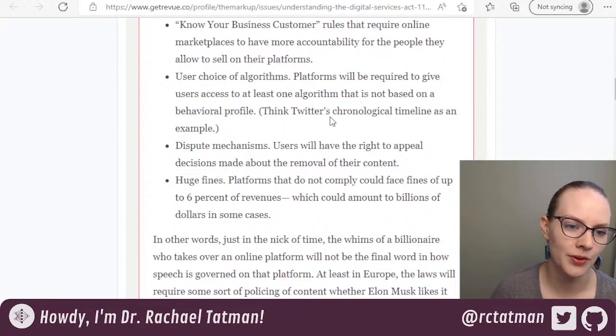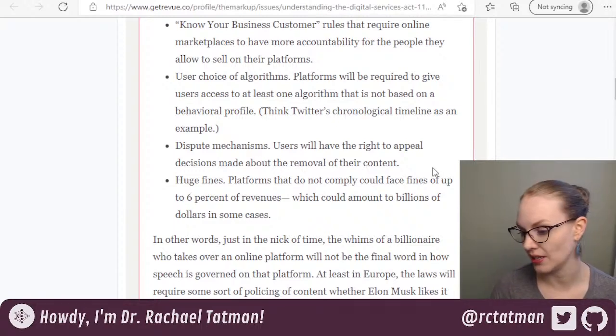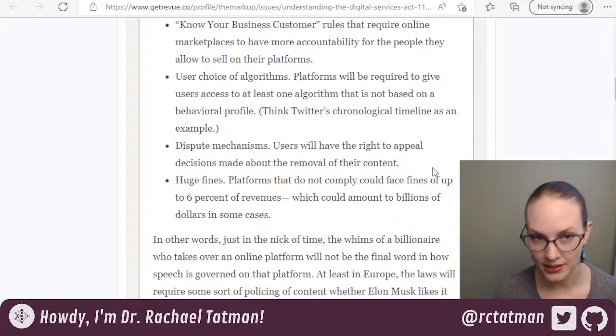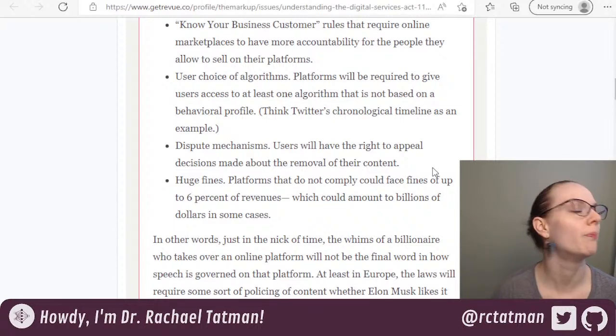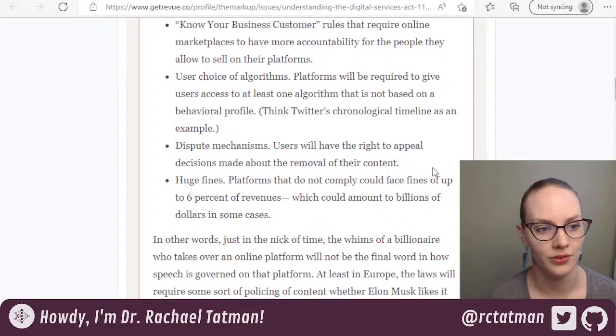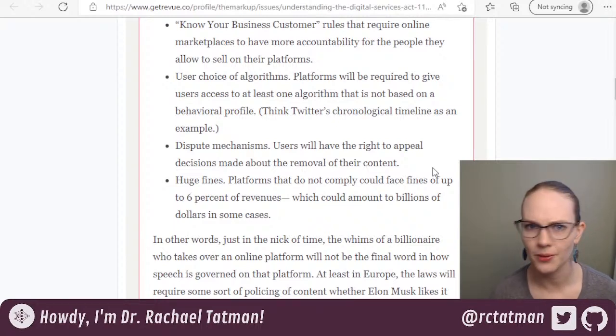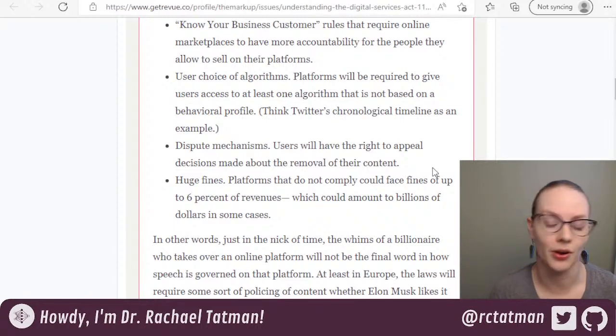Dispute mechanisms. Users will have the right to appeal decisions made about the removal of their content, which is great because the reaction to things like SESTA and FOSTA in the United States has been blanket banning of explicit content. A great example there would be Tumblr, and this is again very focused on the US, but it affected everybody who used Tumblr.